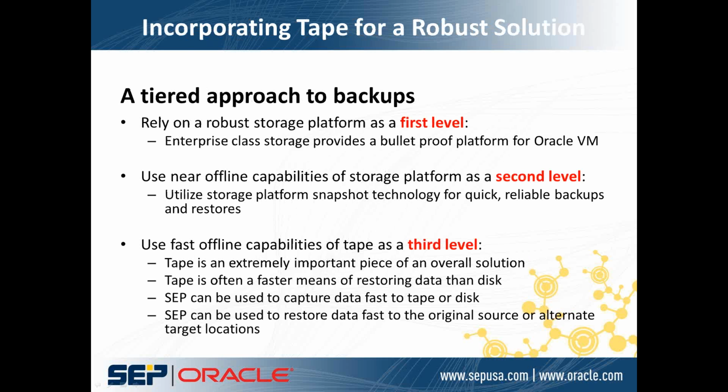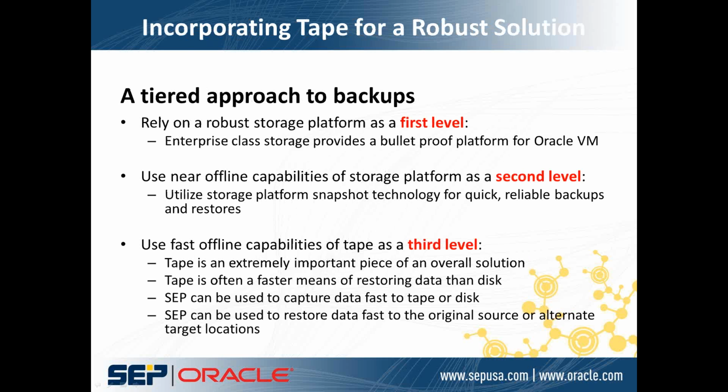Okay, so this is what I was talking about before. I was getting a little ahead of myself, but it's a tiered approach to backups. You don't just do a backup to snapshot, or just do tape backups. You do several different levels, which give you different methods of recovery at different recovery speeds. Rely on a robust storage platform as the first level.